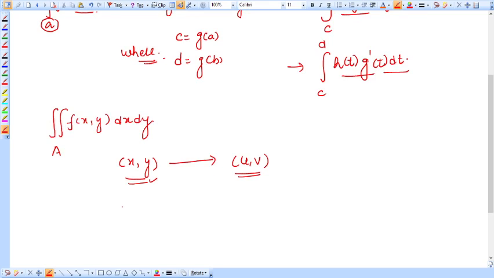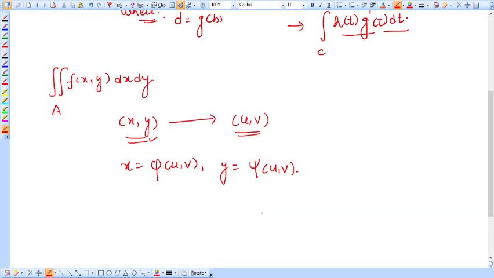So you will substitute x by a function of u and v, call it phi(u, v), and substitute y by psi(u, v). Now the region will also be a little bit changed.